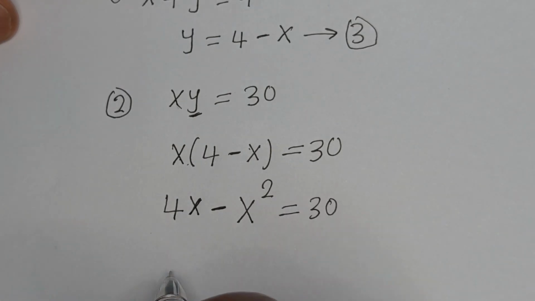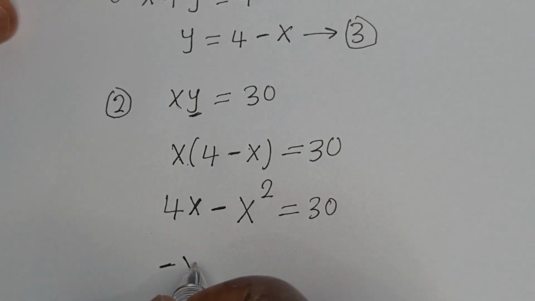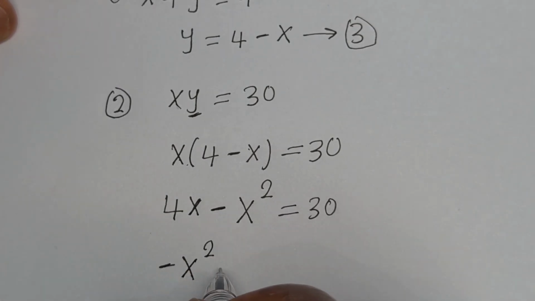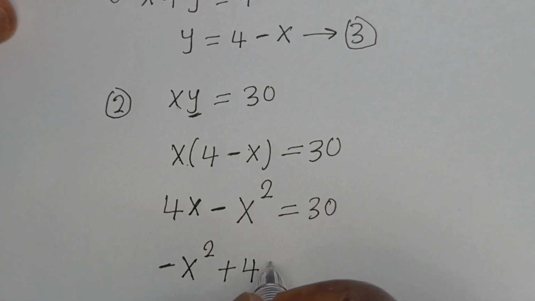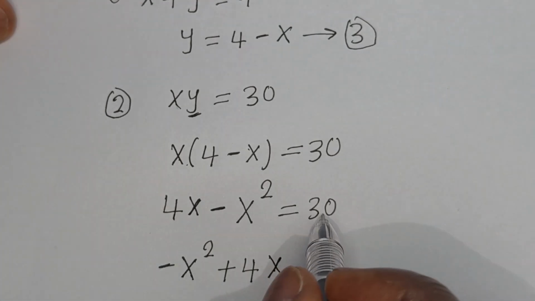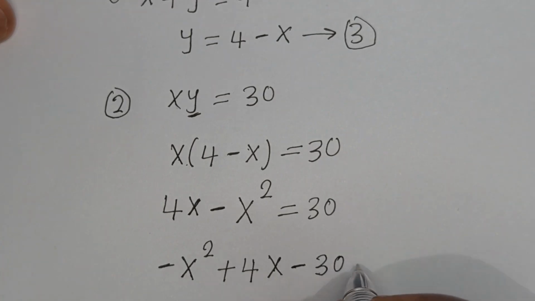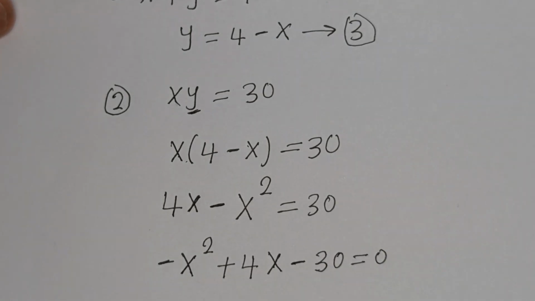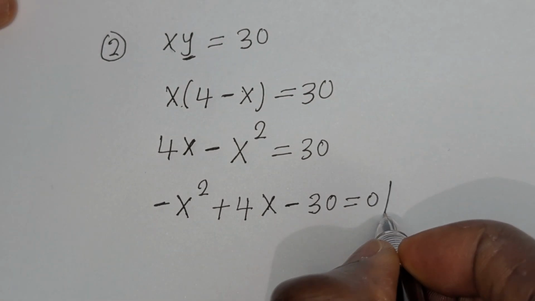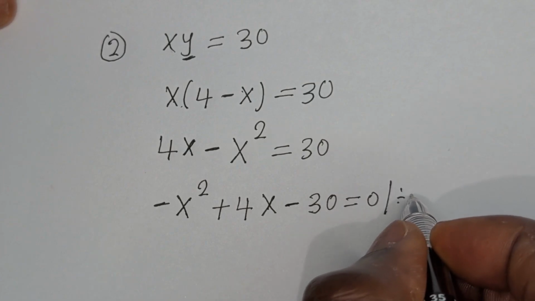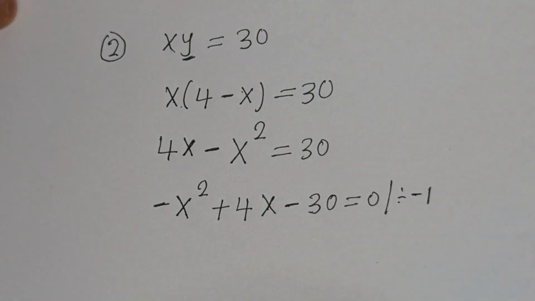Now this can be written as minus x squared plus 4x. If you take this 30 to this side, it becomes minus 30 is equal to 0. Let us divide the whole of this equation by minus 1.